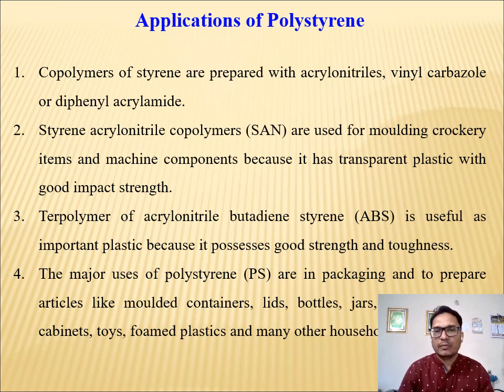The terpolymer of acrylonitrile butadiene styrene is useful as an important plastic because it possesses good strength and toughness. The major uses of polystyrene are in packaging and to prepare articles like molded containers, lids, bottles, jars, cabinets, toys, foamed plastics, and many other household items.